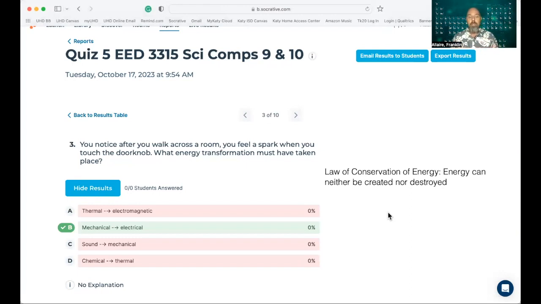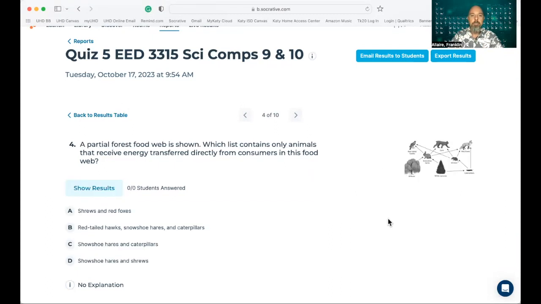As you do that, you're building up static electricity. And the same thing if you were to rub a balloon on your shirt. So when you reach for the doorknob, you feel a spark, and that is that transformation from mechanical to electrical.